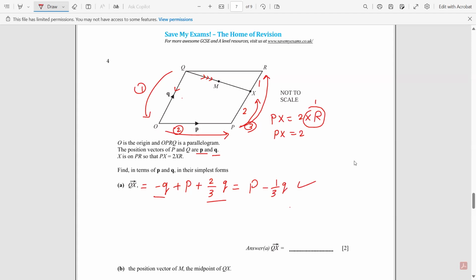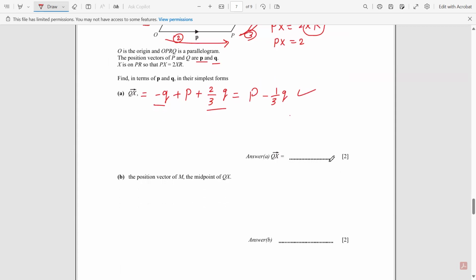This is the answer for vector QX. Next, you can write the value as p minus 1/3 q. Of course, you can write negative 1/3 q plus p, no problem, but I prefer writing the expression starting with a positive term.